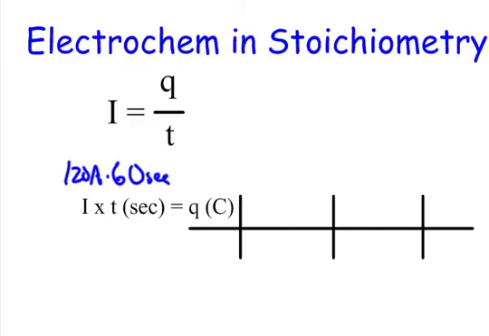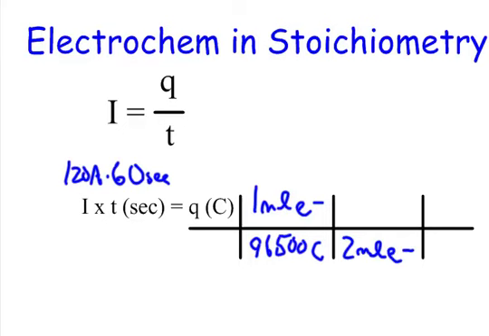Once we know our charge in coulombs, we could, of course, just do a bunch of ratios. 96,500 coulombs for every 1 mole of electrons. What did I know in the reaction that we just did? That we had 2 moles of electrons that were transferred for every 1 mole of zinc. Let's just say we're trying to find zinc here. And we have 63 grams for every 1 mole of zinc.